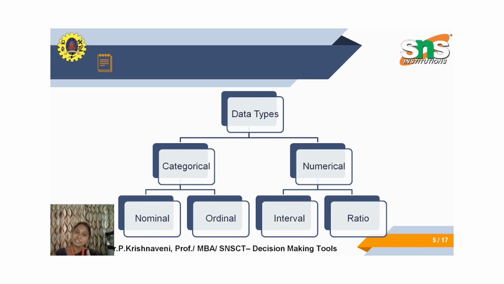Ordinal data is also categorical. These two help to categorize our data to make decisions about a particular group, a particular performer or a particular level. That is where we use categorical data. And for numerical data, we have two types: interval and ratio. We will see them one by one.